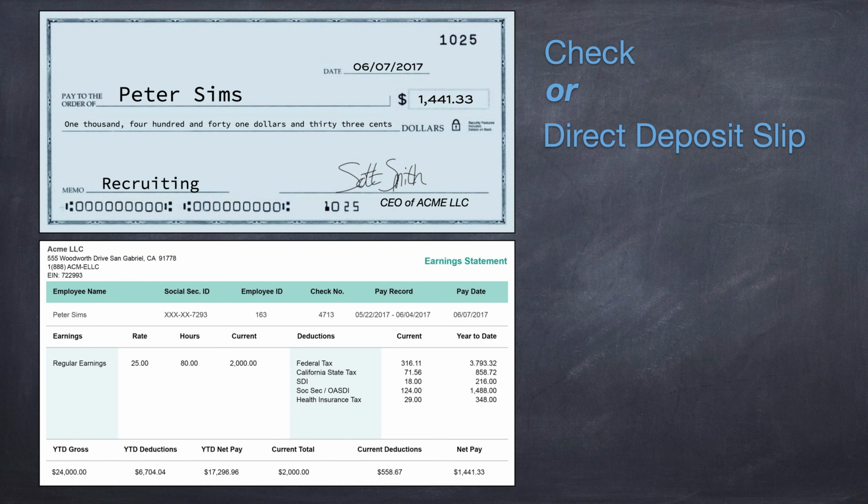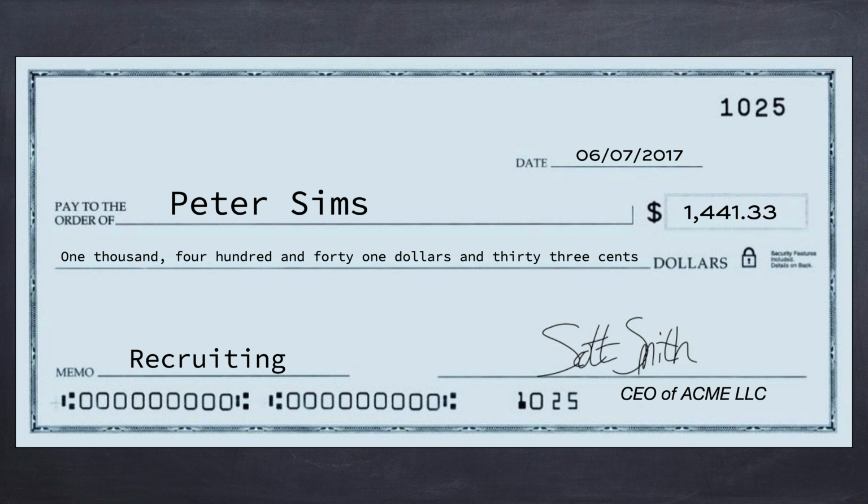And then below it, every check or direct deposit slip comes with an earnings statement, which shows some more details about your check. So first, let's take a look at an actual check or direct deposit slip. Up in the top right corner, you're going to have the date the check was issued. Then the name of the person or institution receiving the check is right there next to "pay to the order of."